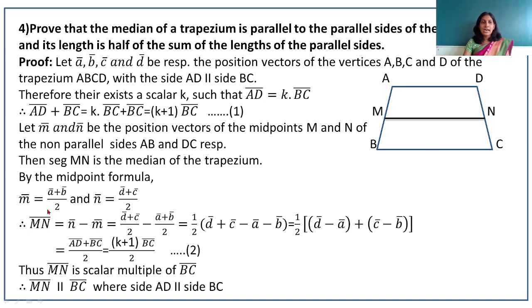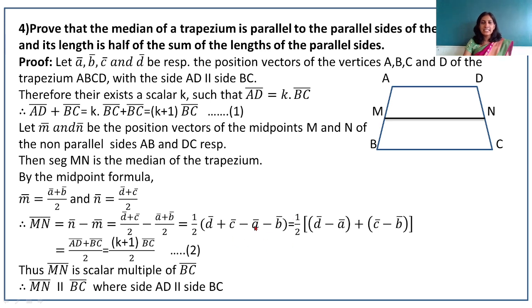Therefore, consider MN bar. MN bar is equal to N bar minus M bar, second minus first. We get, subtracting, 1 by 2 of D bar plus C bar minus A bar minus B bar.